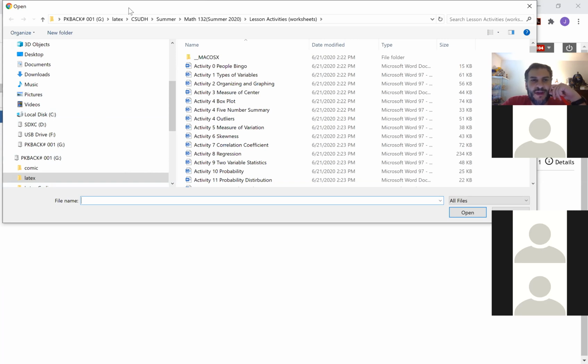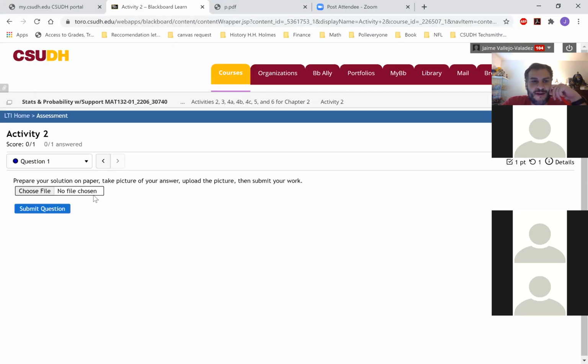And I already saw some of you already are using Cam Scanner, so that's good. So just use either Cam Scanner or Adobe Scanner to upload a file, because this one only lets you upload one file. So you do just want to upload all of your work into one file. Everybody good with that?